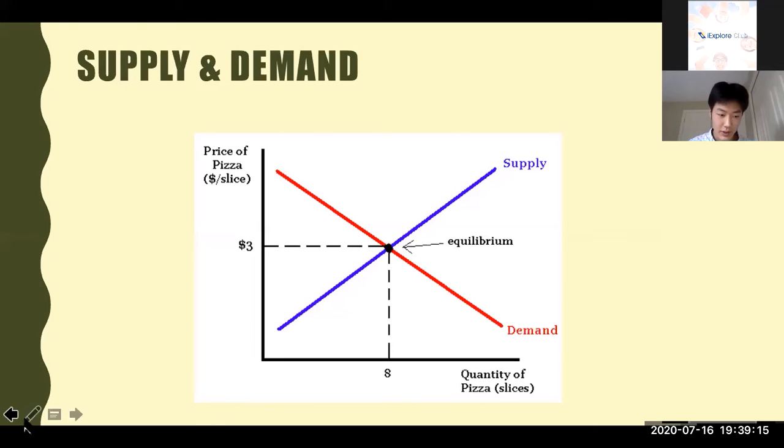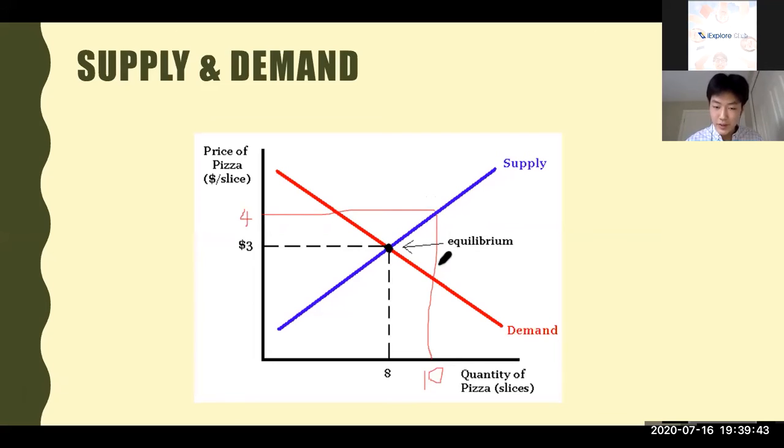So let me take a pen. If he sells the price at here, let's say it's $4. So when he raises the price to $4 he can provide more pizzas, right? For instance, 10 pizzas. But at this time, he won't make the most profit.